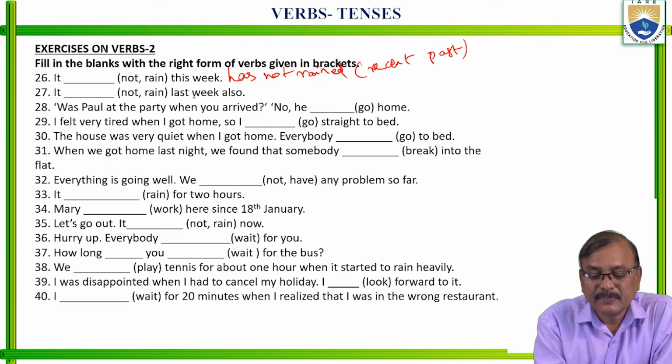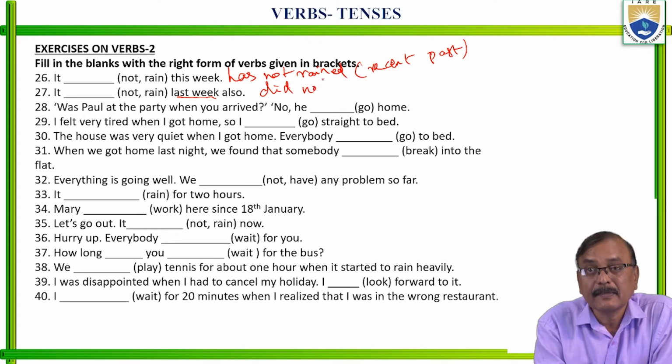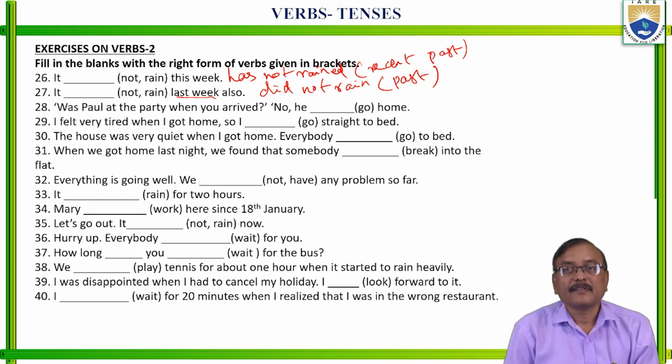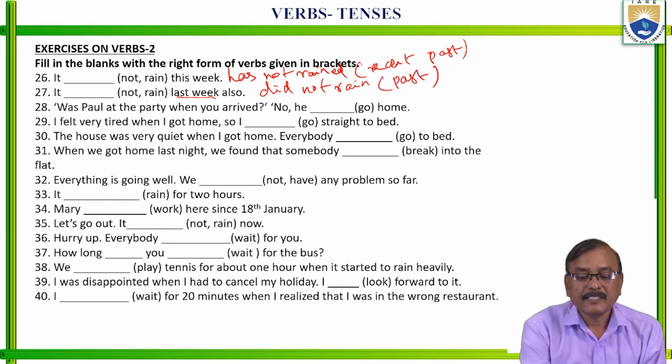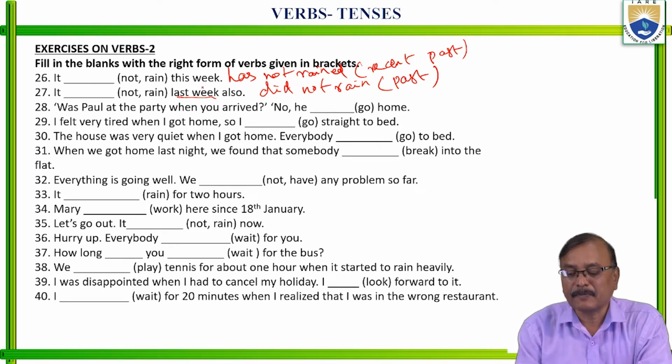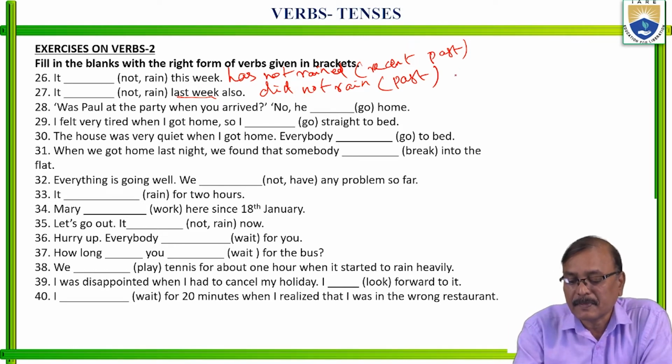Next, last week means past only. It did not rain last week also. This is past. So, last week, past time is mentioned. When past time is mentioned here, go with simple past. Simple past means V2. Subject plus V2.